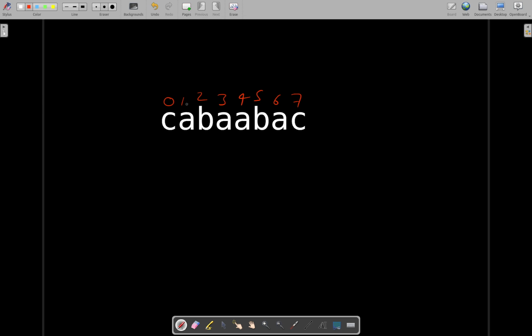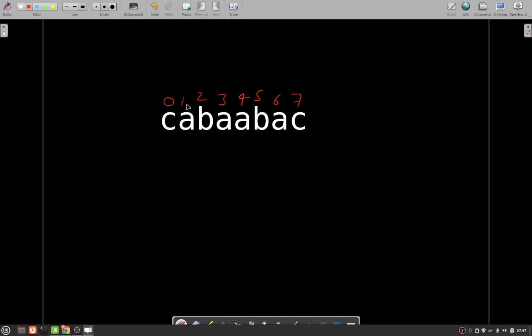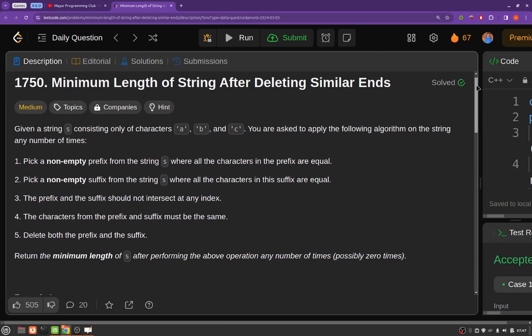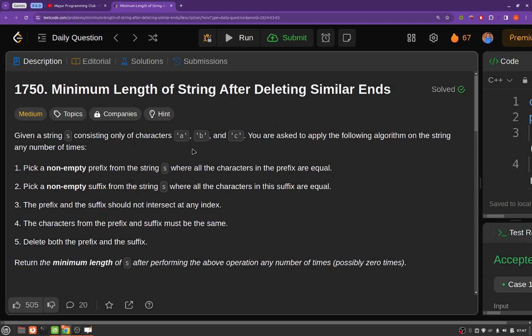Okay, so we have to pick suffix and prefix, and characters in prefix and suffix should be same. Okay, this is a necessary condition, and those prefix and suffix that we will be picking should be non-empty at least.